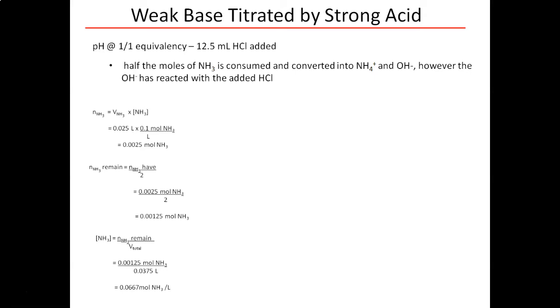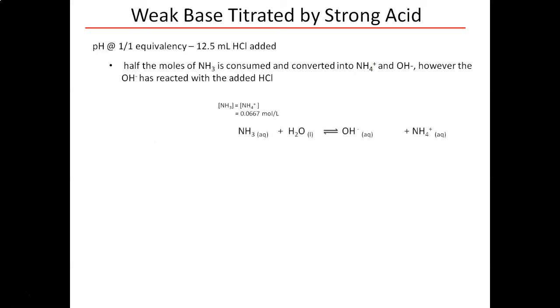Then I can determine the concentration of my ammonia after. Because half my ammonia became ammonium, their concentrations will be equal. Now that I know their concentrations, I can set up my ICE table and substitute my values in. Because our Kb value is so small, we'll do our check.